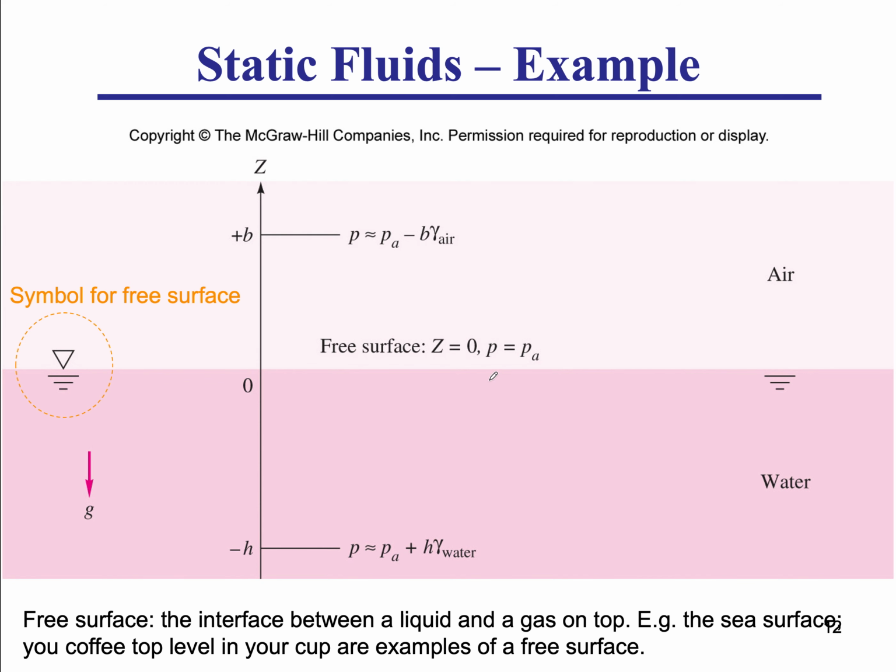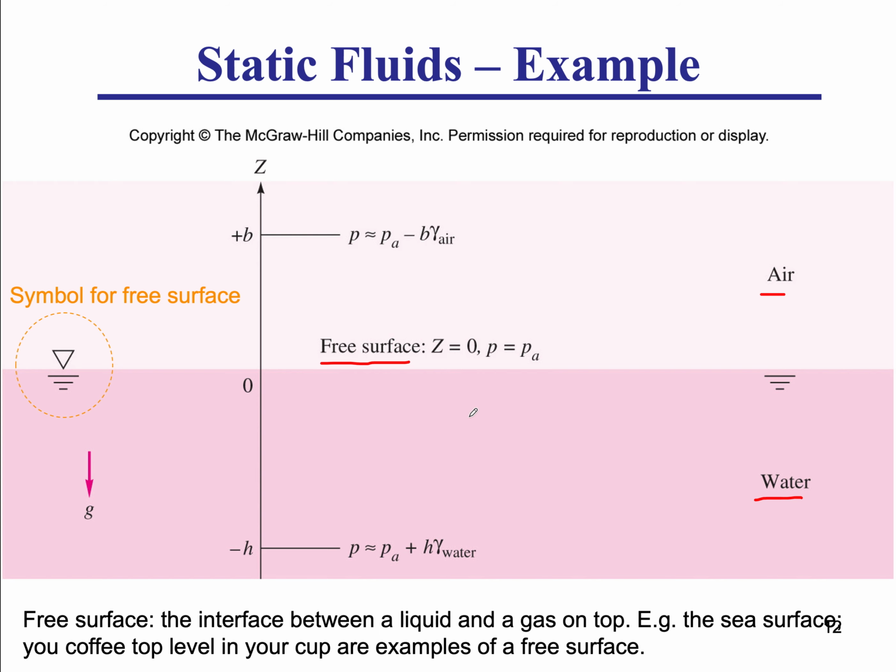Let's now look at this picture over here. So here I have water and air, and let's define a free surface as the interface, the interfacial line between the two immiscible fluids. So air and water do not mix; they're immiscible for all practical purposes.